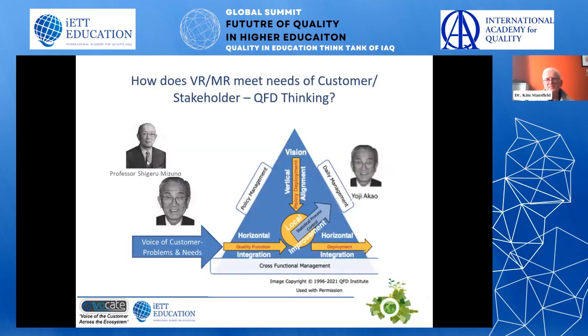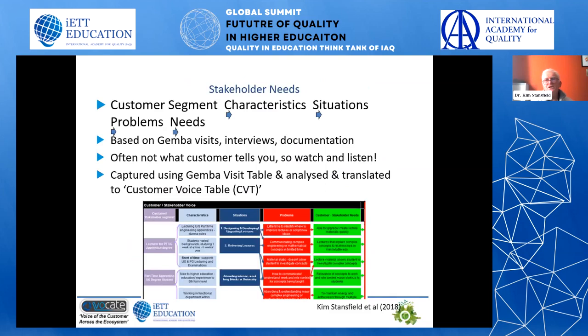No, this is just picking up, looking across the chain at the voice of the customer problems and needs. So one of the critical things that QFD tries to do, it understands the customer segment or the stakeholder segments, their characteristics, the situations, the problems they're facing, and the needs that they are trying to satisfy, potentially with the system you're looking at or the technology you're looking at.